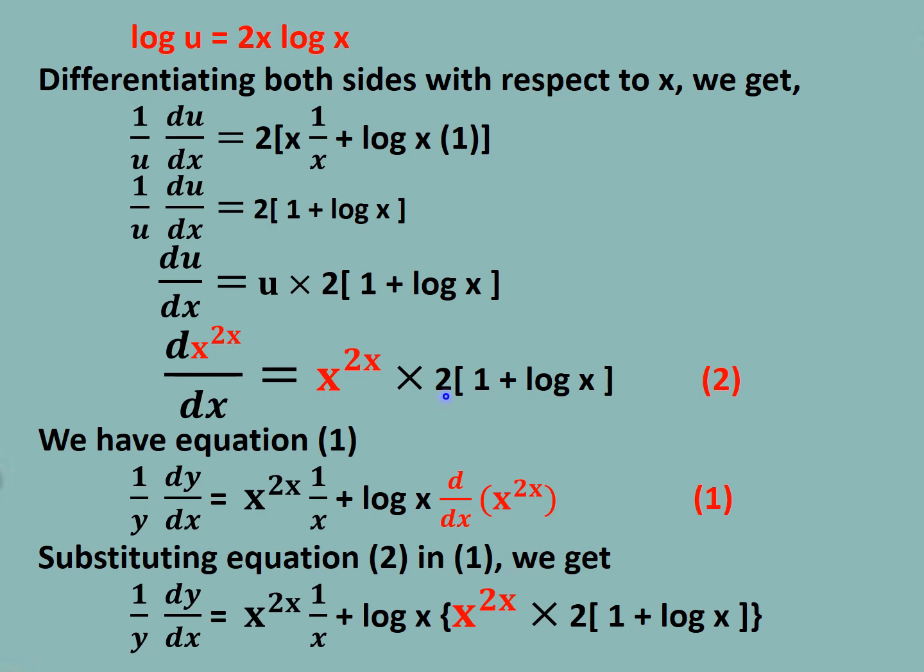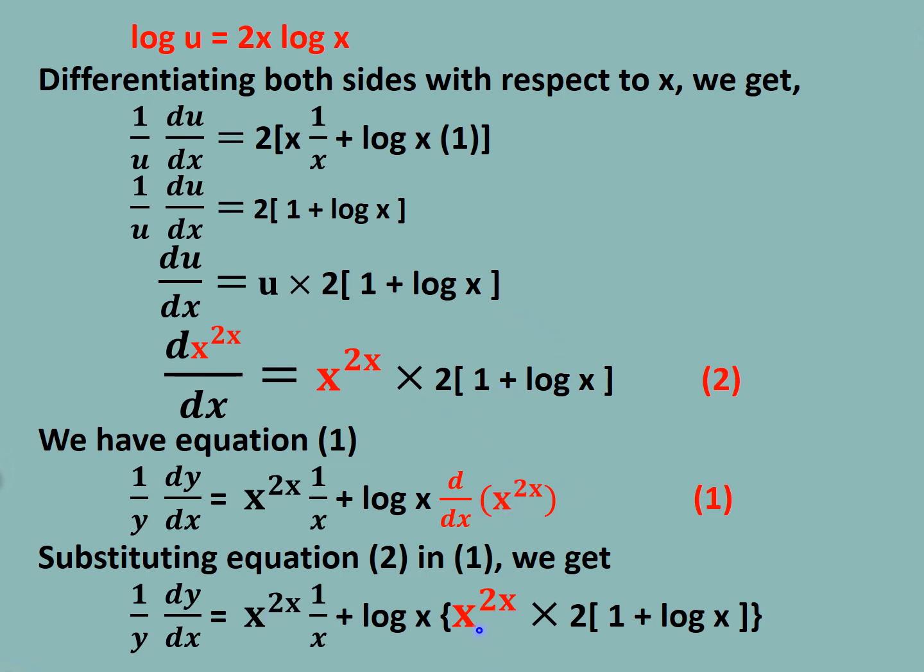So take it as equation number 2. Now we will substitute this equation in equation number 1. First we will write equation number 1. 1 by y into dy by dx is equal to x raised to 2x into 1 upon x plus log x into derivative of this x raised to 2x. Now substitute equation number 2 in 1, that is, in this second part we will substitute this answer.